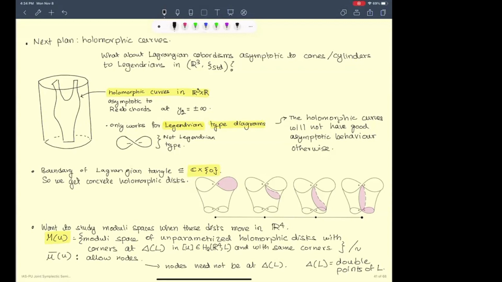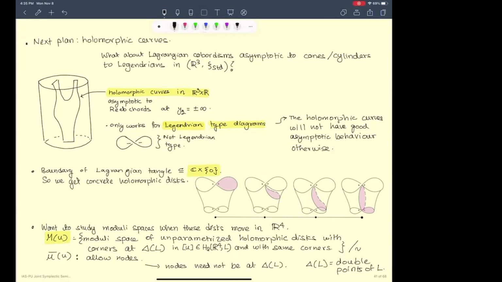Some historical context. Okay. They need not be. The corners, the things at the ends, need to be at the double points, but in between I don't have control, though we can show some good things about it.